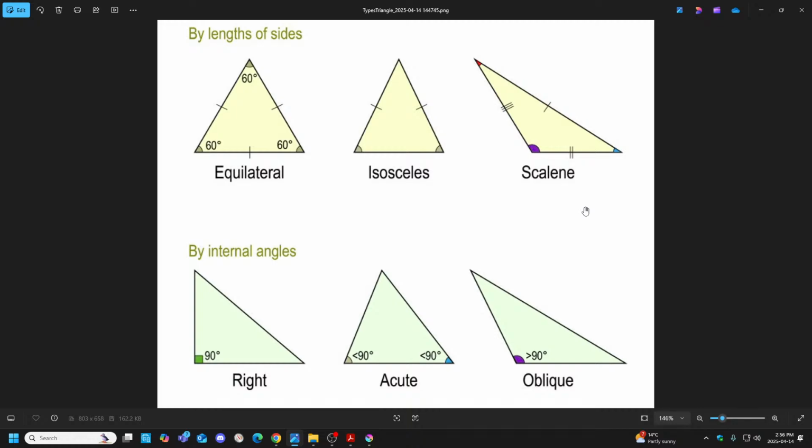Scalene, all three sides are of different lengths. Acute, all three angles are less than 90 degrees. Obtuse, one angle is greater than 90 degrees. And right, one angle is exactly 90 degrees.